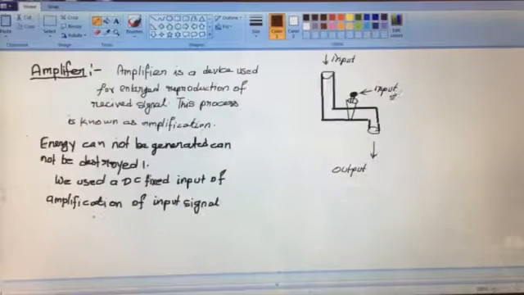Input signal, input water, output water.